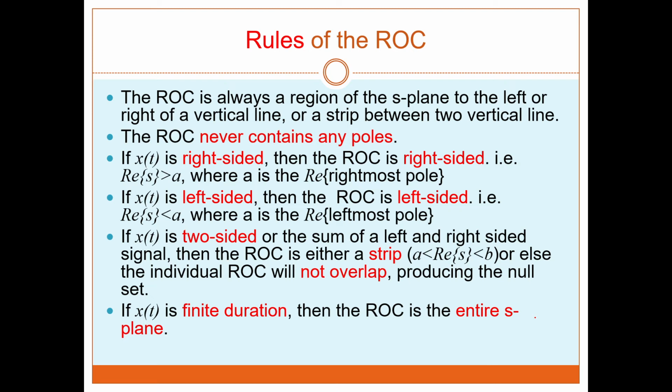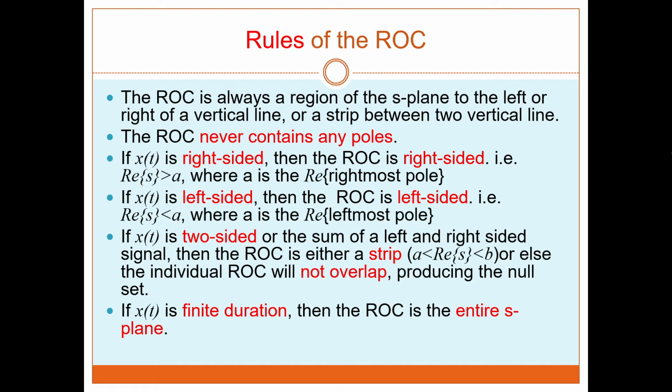And if x(t) is left-sided, the ROC will be left-sided. If x(t) is two-sided, that means it can be left or right, or the sum of left and right, then the ROC is either a strip, or else the individual ROCs will not overlap.